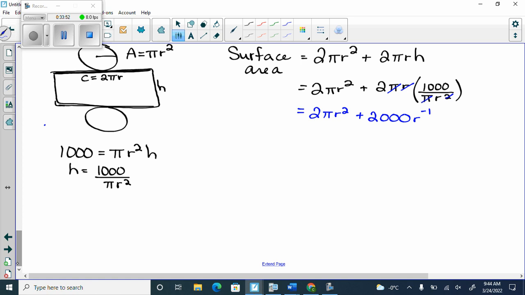But what do they want to minimize? The cost. So can I just minimize the surface area and call it a day? No, there's no cost in it. But we do know what each of those pieces cost, so let's do the cost. If I take the surface area of 2 pi r squared, which is the top, what am I going to multiply by to get the cost? 5 cents, so 0.05.